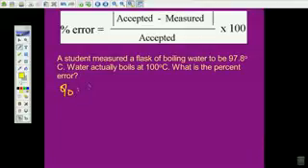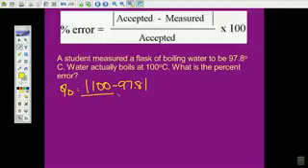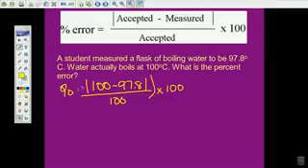So my percent error is my accepted, which is 100, minus my measured, which was 97.8, and divide it by my accepted, which is 100, and then I will multiply that by 100, whatever I get here.